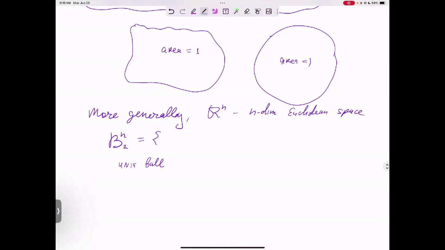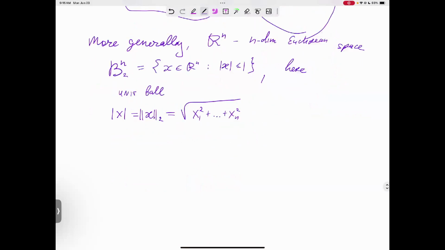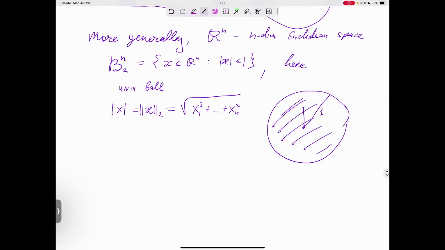It's the collection of points x in R^n such that the length is smaller than 1. Here, the length of a point, sometimes denoted as the L2 norm, is the square root of the sum of the squares of its coordinates. So in R^n, we look at all the vectors whose length is smaller than 1. And that's what the unit ball, the ball of radius 1, is. We denote it B_2^n.